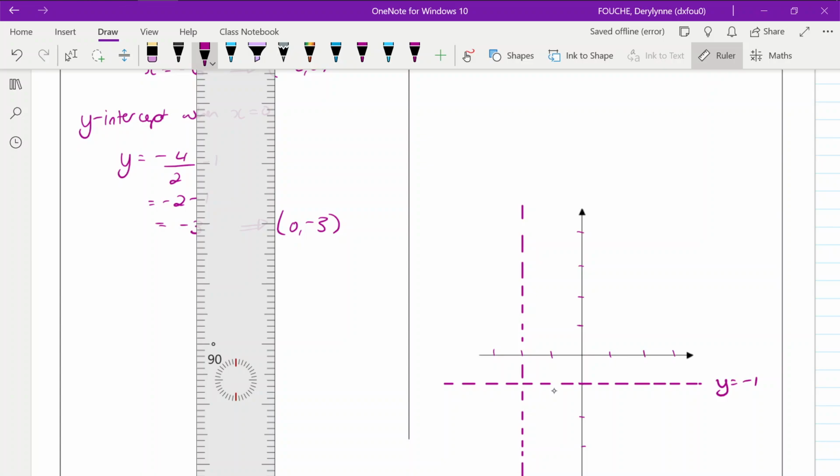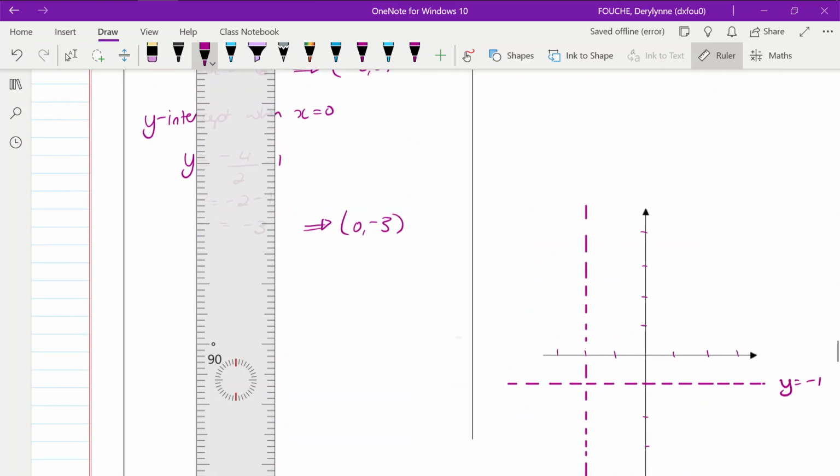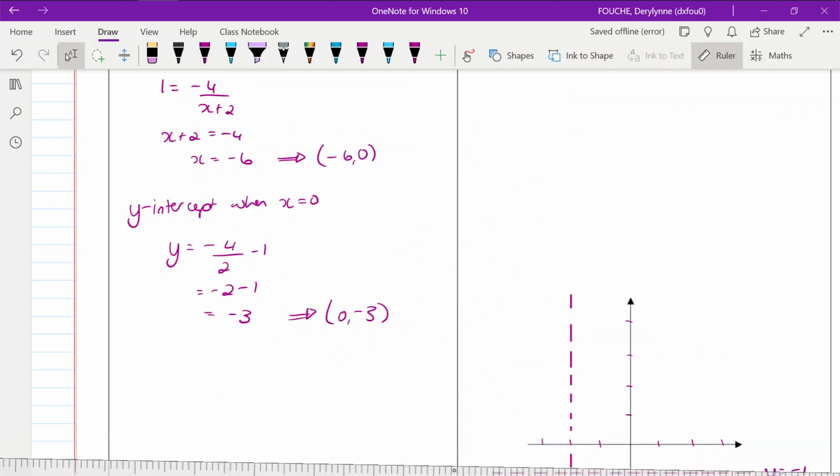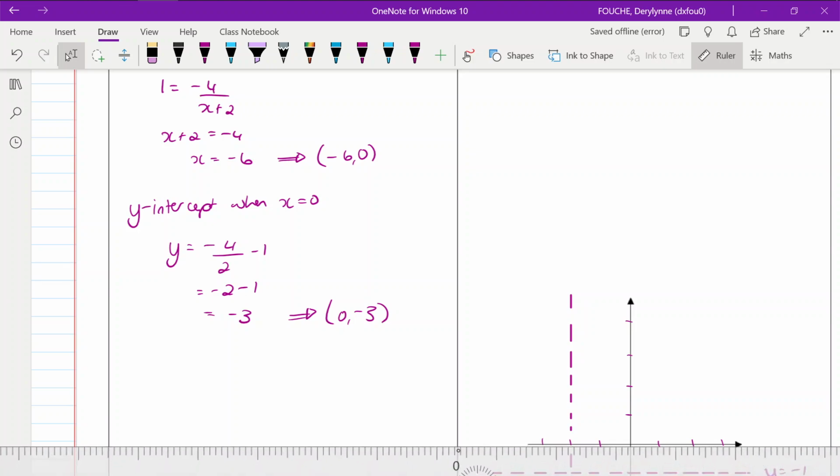Now, let's put in our x and y intercepts. So, -6. I'm just going to extend my line. I'll make it a black line.